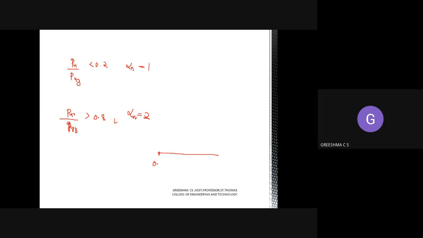See this: 0.2 gives 1, 0.8 gives 2. So this is Pu divided by Pu set, and this is the alpha n value.